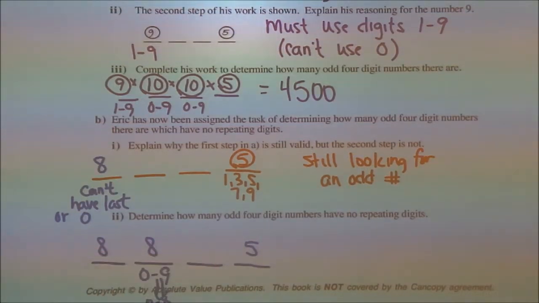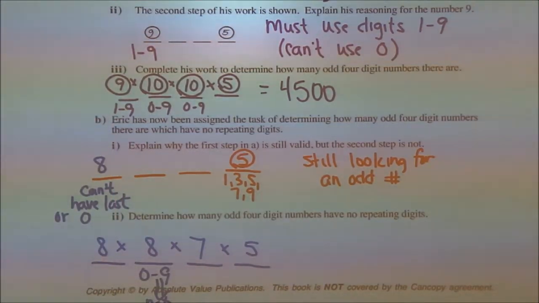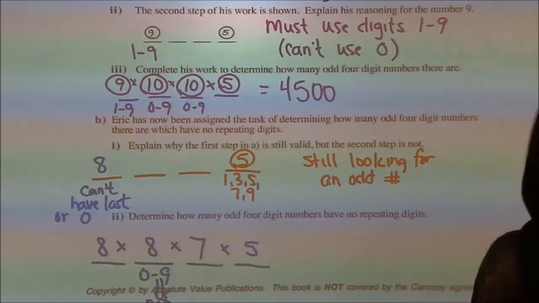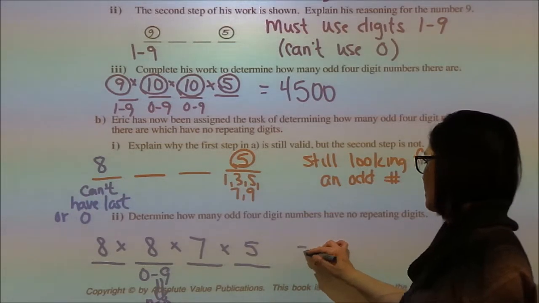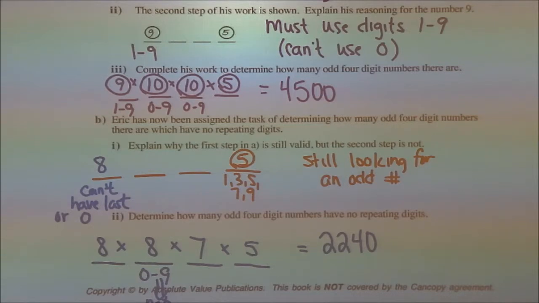How many do I have for the third spot? You have 7. Why 7? Because you can't use the first or the second or the last. Exactly. So how many possible odd numbers do I have now? So those would be the number of odd numbers that would have no repeating digits.